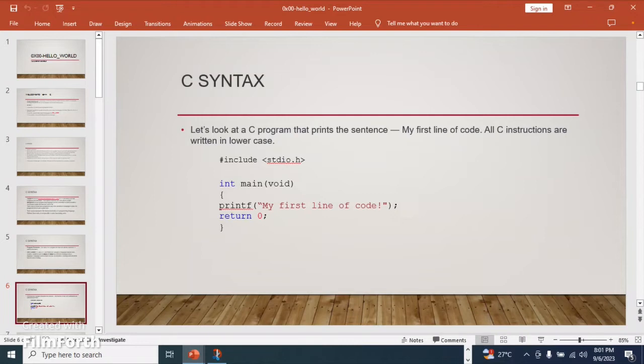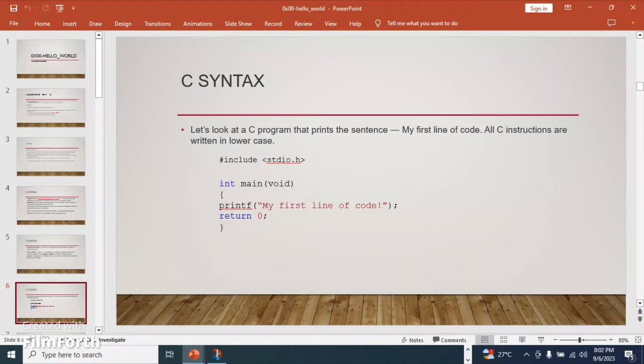Inside the printf bracket, you see my first line of code, return 0, and take note, semicolon. So what do these things mean? Starting from the first line, it is called a header file. We are including a header file. This hashtag include is called a macro, while stdio.h is called a header file.